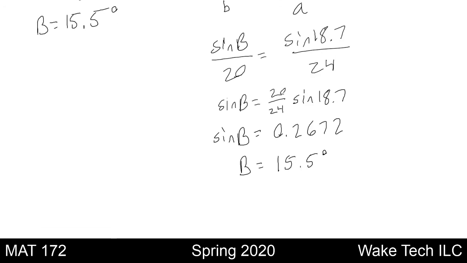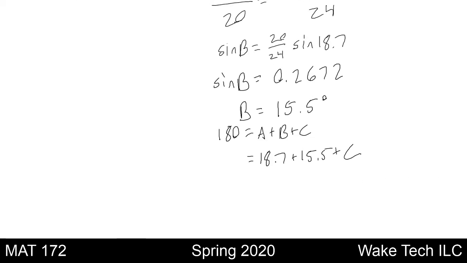Now we can actually find C really easily. When you know 2 angles of a triangle, you can find the third simply by knowing the fact that 180 is equal to the sum of the angles. In other words, A plus B plus C, which is of course 18.7 plus 15.5 in our case, plus C. All right, we can find C just by subtracting then.